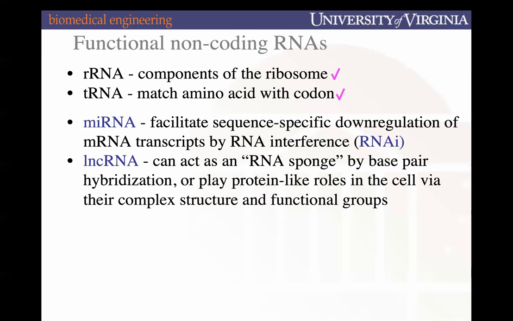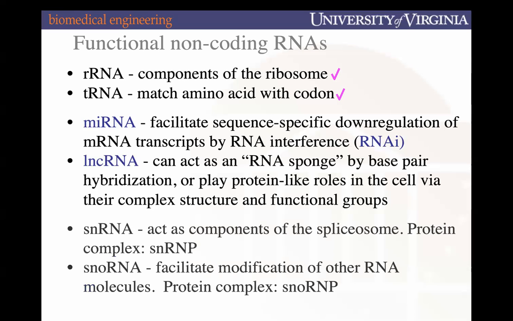But also, because of their large secondary structure, and we'll see what that looks like shortly, they're able to act at the protein level and have a protein-like role in the cell and alter DNA accessibility.